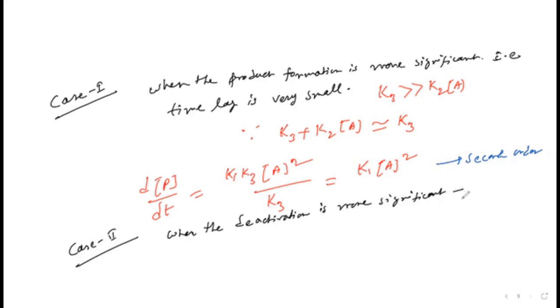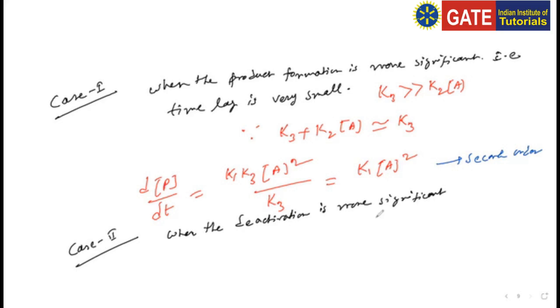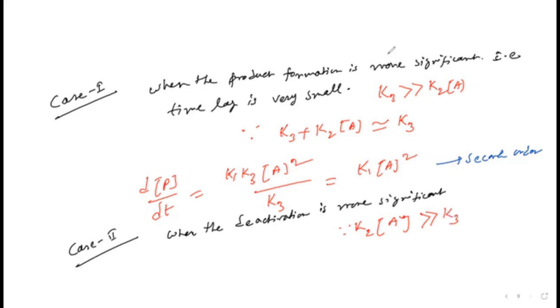Which step is more significant? Deactivation is more significant. That means we can also write K2A is very, very greater than K3.